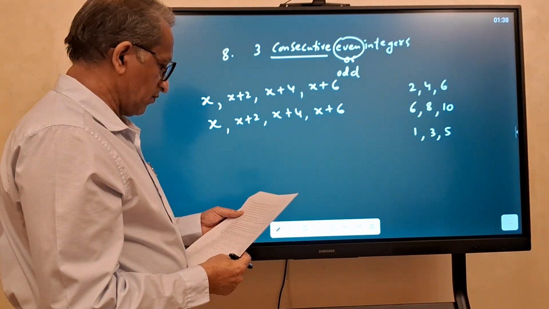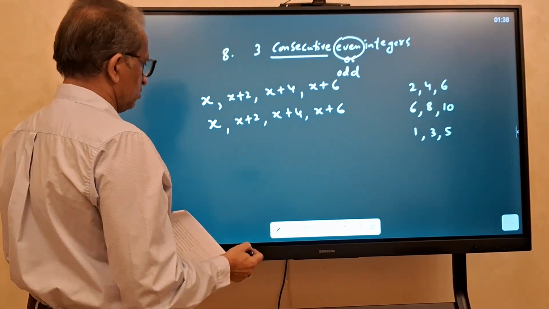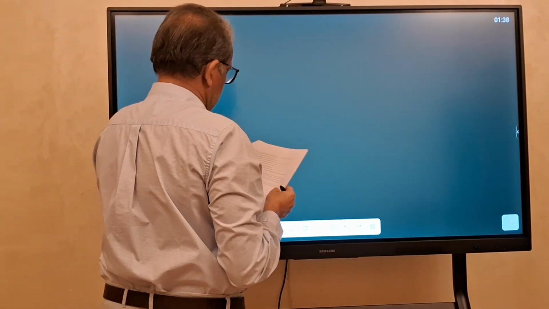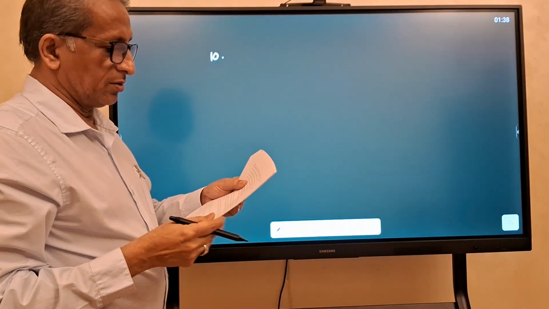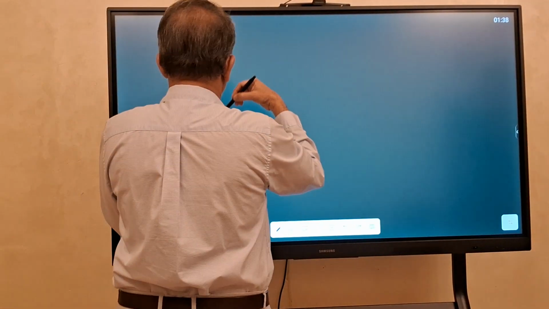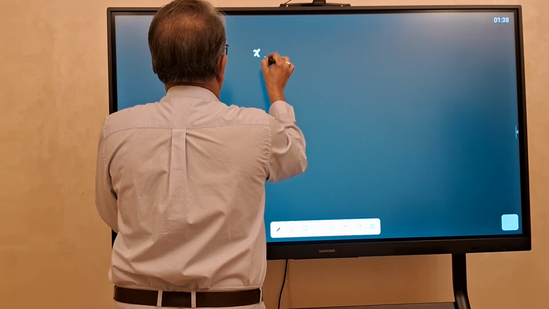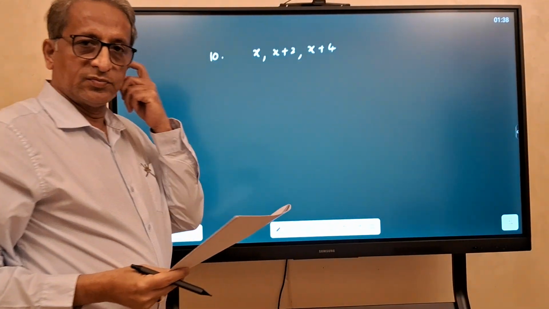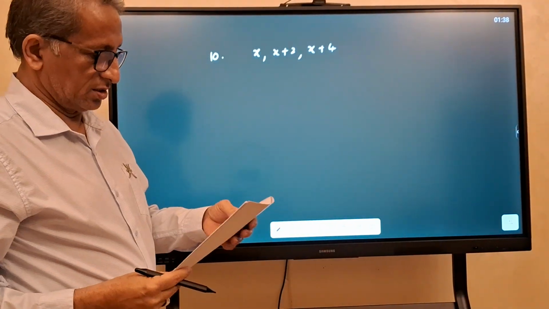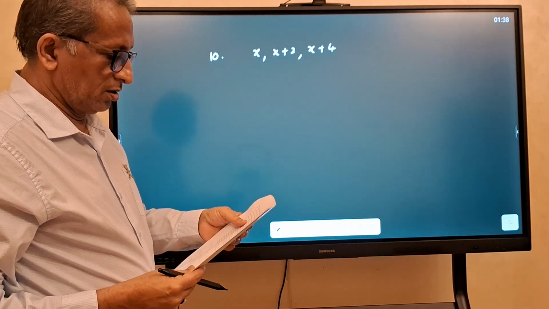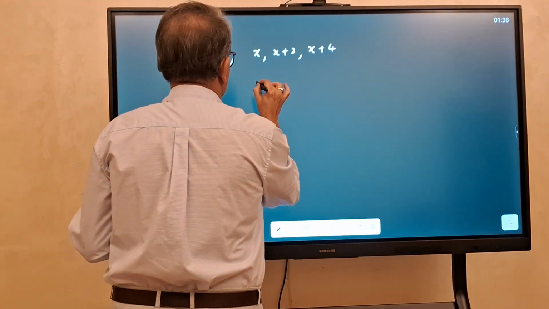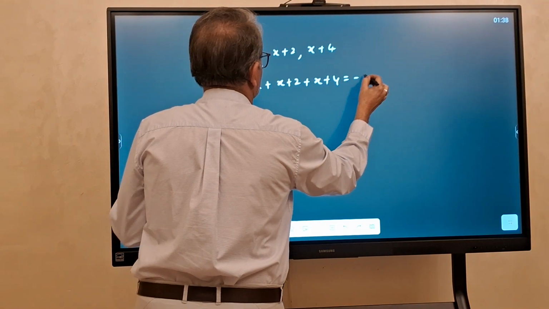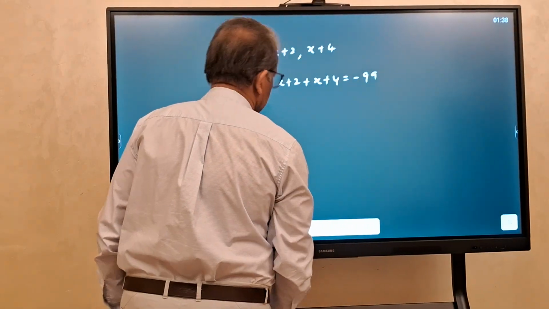Exactly in a similar way we can find the others. Let me do question number 10: find 3 consecutive odd integers whose sum is minus 99. So x, x plus 2, x plus 4 are the 3 consecutive odd integers, where x is the first odd integer. The sum is given as minus 99. That is x plus x plus 2 plus x plus 4 equal to minus 99.